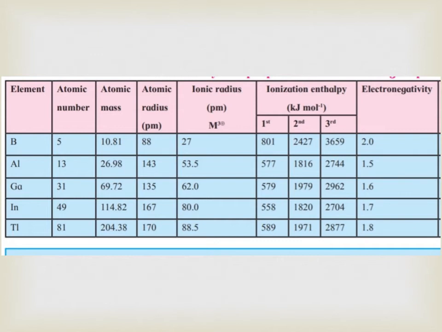Atomic radius is half of the internuclear distance between two adjacent atoms that we measure. When we talk about ionic radius, it is the distance of the valence shell of electrons from the center of the nucleus of an ion. Ionization enthalpy is nothing but the energy that is required to remove an electron from its isolated gaseous state.